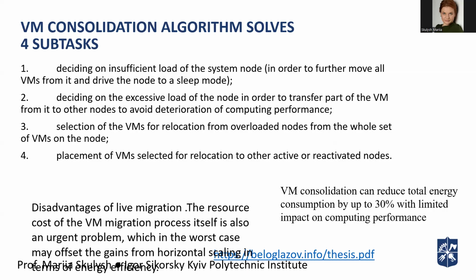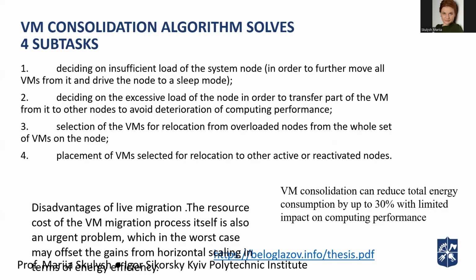Therefore, the virtual machine consolidation algorithm solves four subtasks. First is deciding on insufficient load of a system node, in order to further move all virtual machines from it and drive the node to sleep mode.